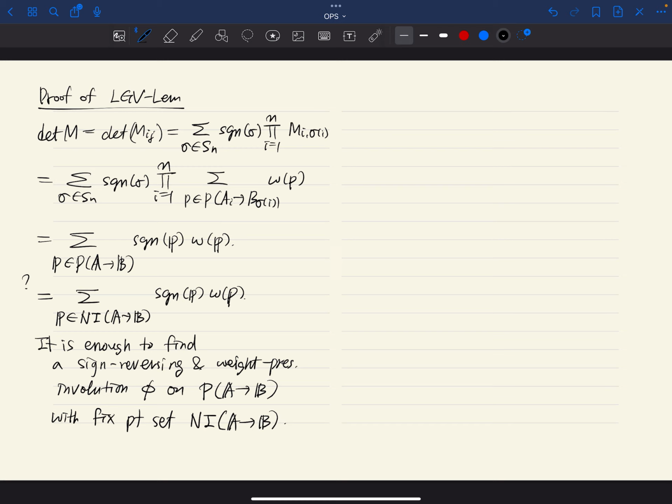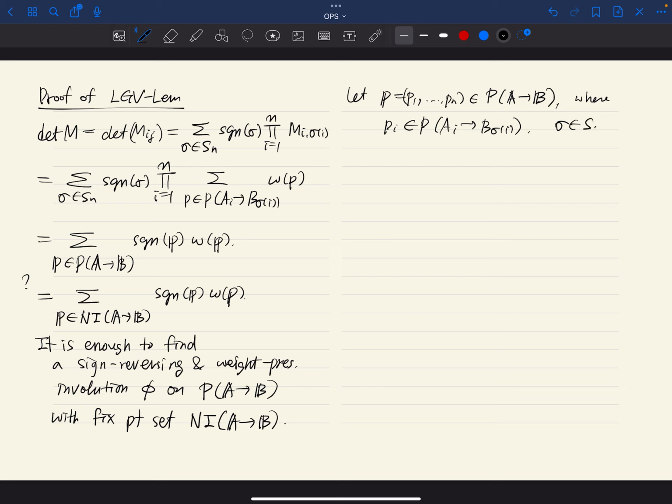So to find a sign reversing involution, let's consider an n-path P from A to B, where P_i is a path from A_i to B_sigma(i).